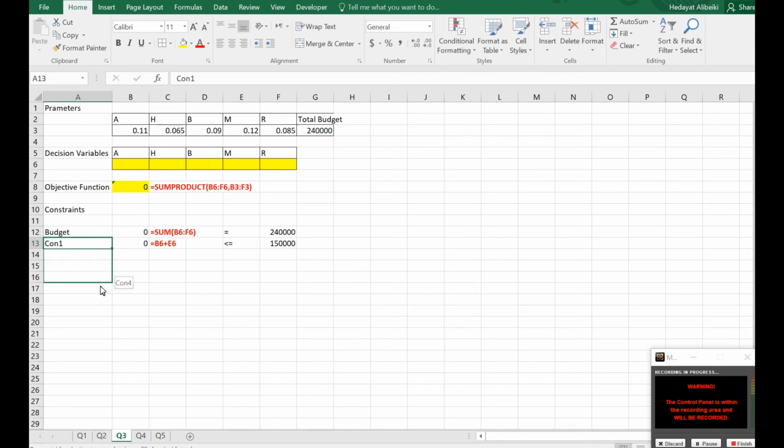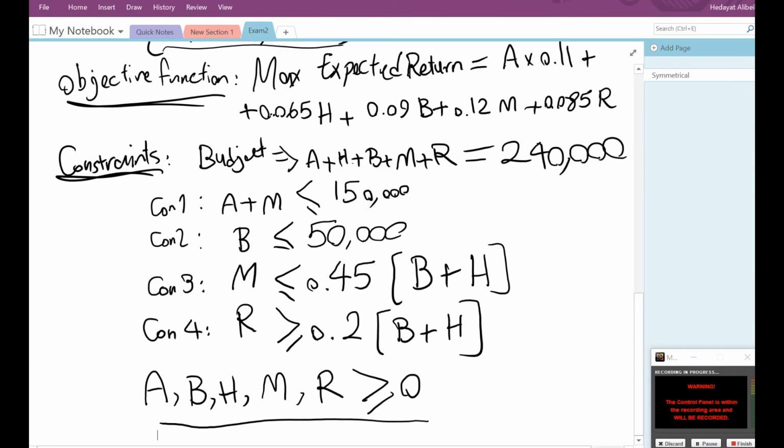Let me just. So constraint 2 is saying that banking should be less than or equal to 50,000. Right, and then the third constraint, manufacturing should be less than or equal to 45% of banking and healthcare.